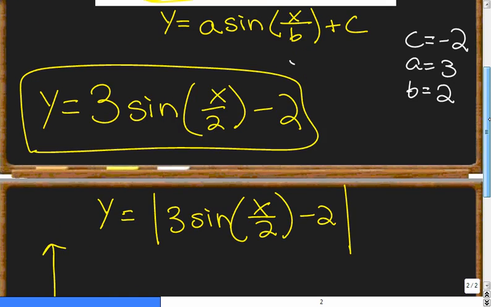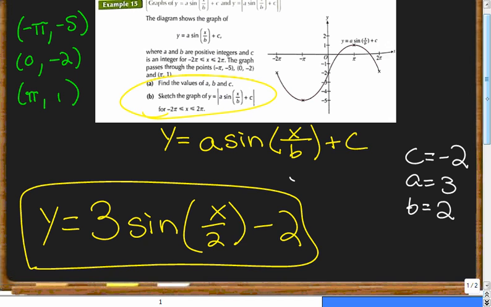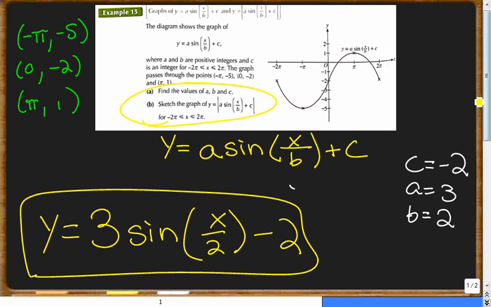So let's go look. Before, imagine that if we were graphing the absolute value of this, we are going to take every point that is below the x-axis and reflect it above. So instead of this being negative 2, we're going to have this up at 2.